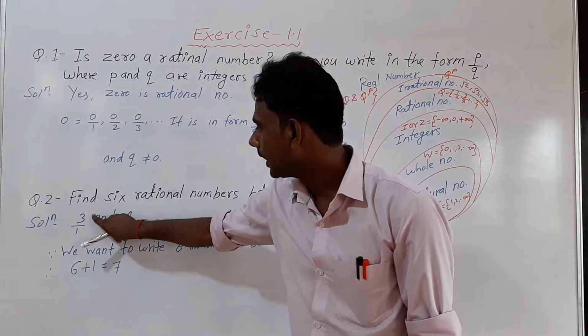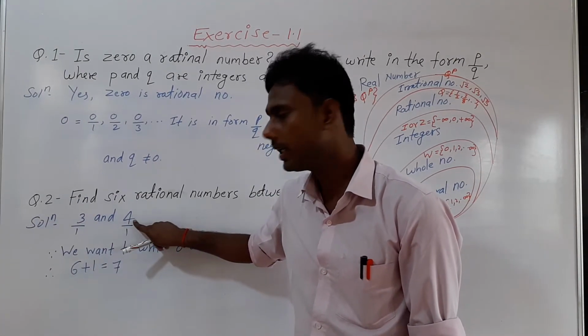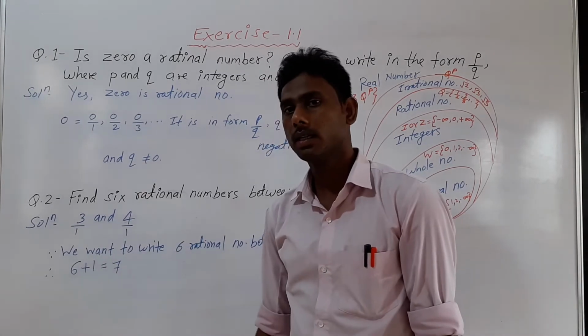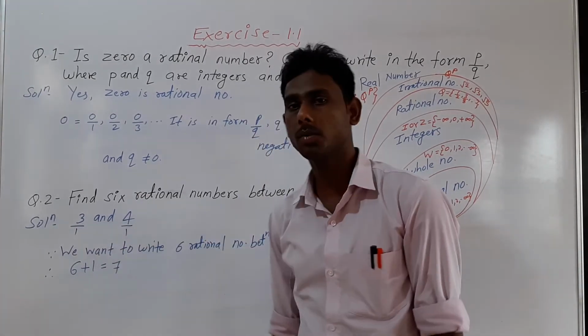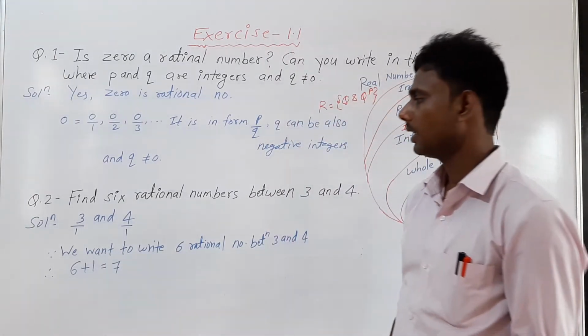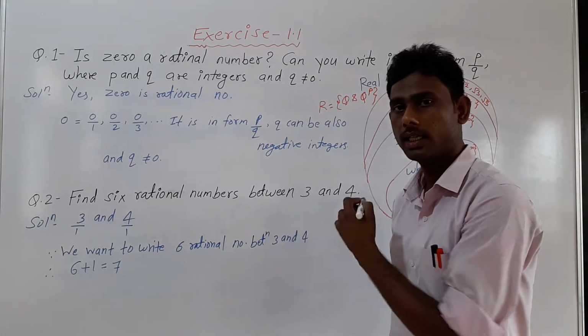7 threes are 21, 21 upon 7, and 7 fours are 28, 28 upon 7. Denominators should be equal. If the denominators are equal, then by looking at the difference in the numerators, we can write the numbers.